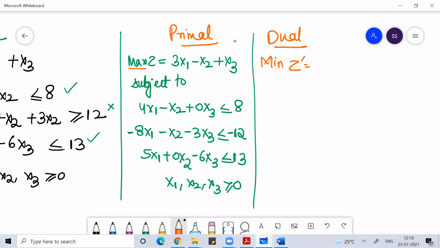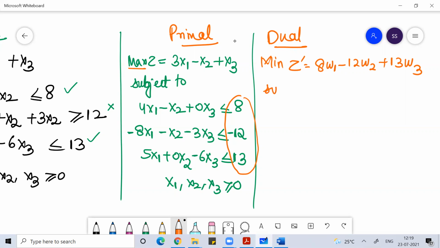So the RHS of your primal will become the coefficients of the objective function of the dual. So this would be 8w1 minus 12w2 plus 13w3, where w1, w2, w3 are the decision variables of the dual form.